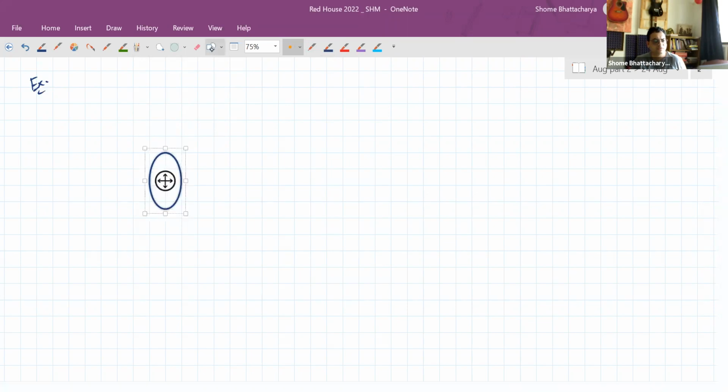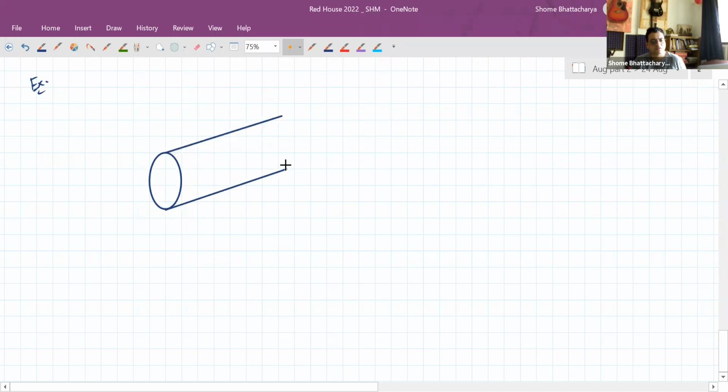So just imagine we have this kind of a situation. Let's say this is a solid cylinder lying on a rough surface, and it's got two springs attached to its axle.